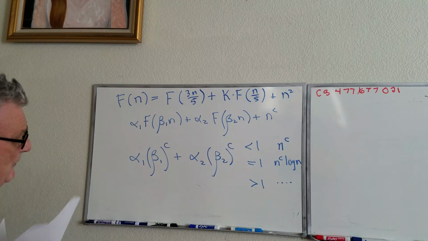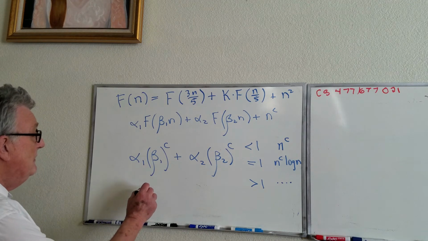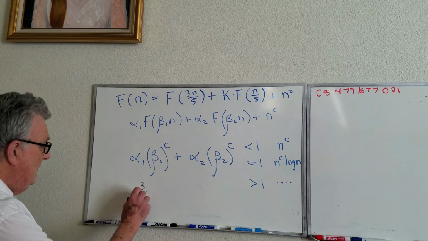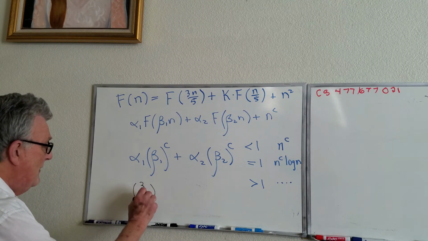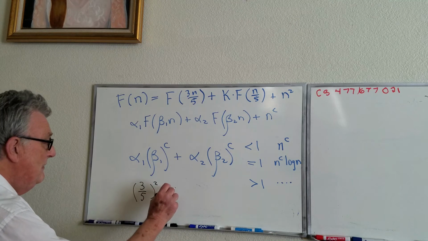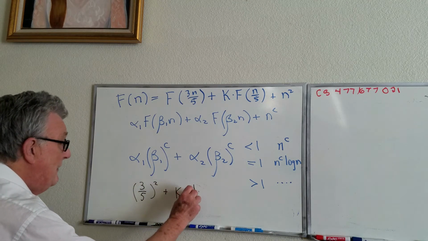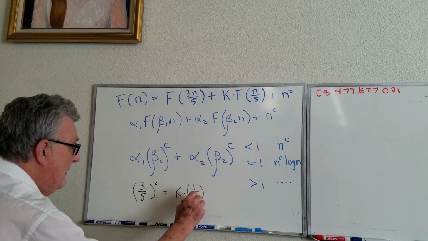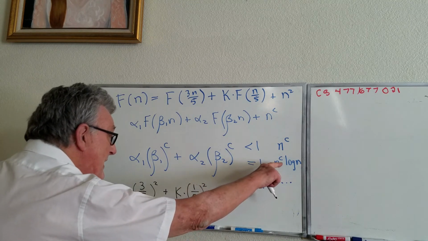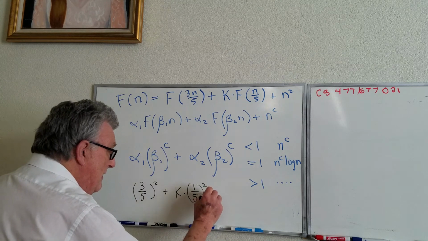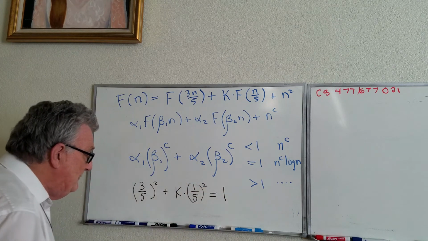But if we apply this here, we get 3/5 squared plus k times 1/5 squared, and we want this answer, n squared log n. So we want this to be 1.